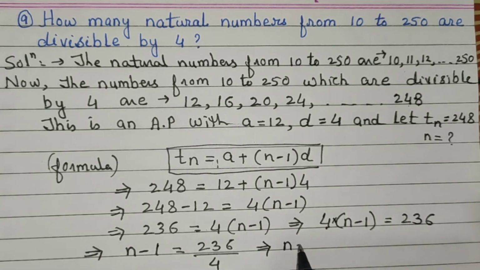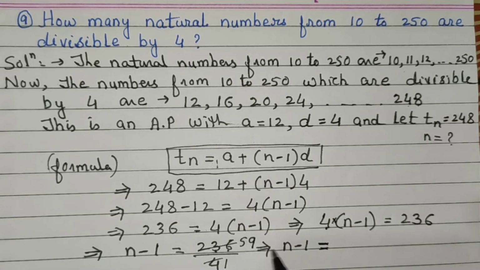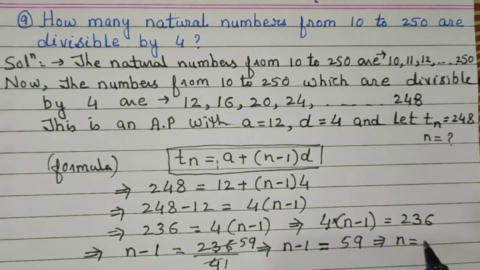Now n minus 1 is equal to 59. Now minus 1 shifting to the right hand side, we get n is equal to 59 plus 1. Therefore n is equal to 60.